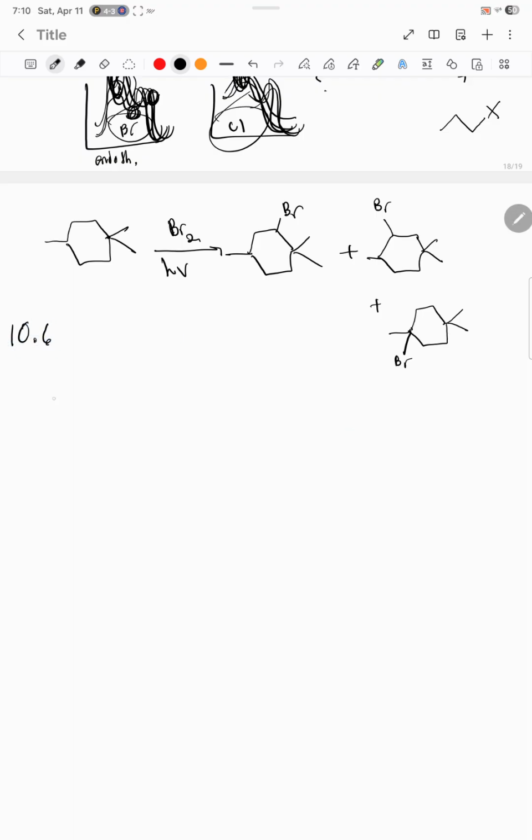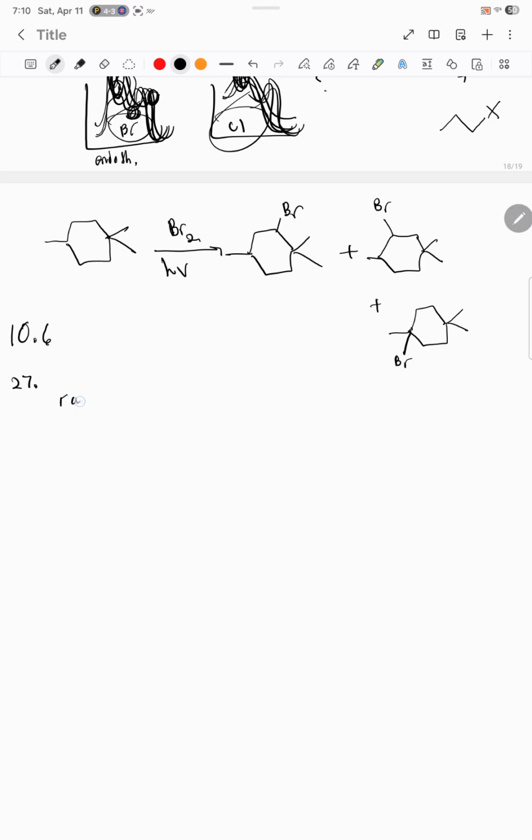10.6 is stereoselectivity. Now if we look at point number 27, how is stereoselectivity affected by all of this?